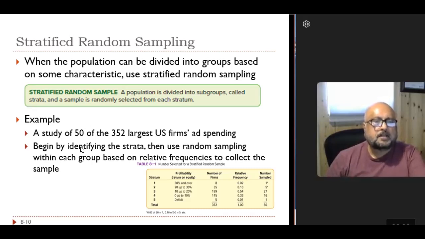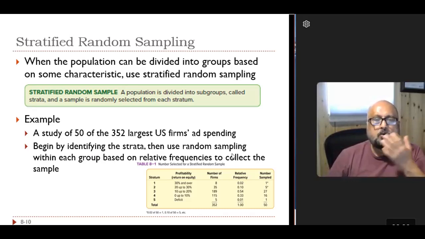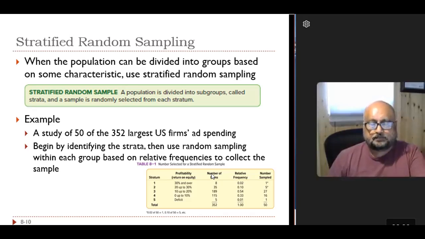So an example here is a study of 50 of the 352 largest US firms' ad spending. We have to begin by identifying or forming strata or groups, then use random sampling within each group based on relative frequencies to collect the sample.